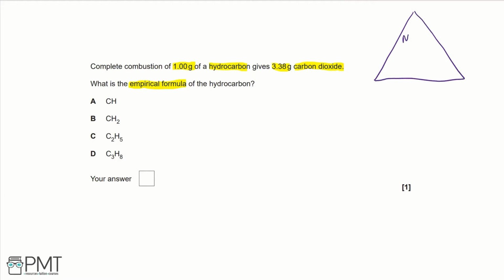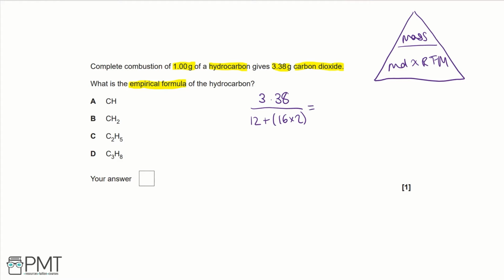So we're going to be using an equation triangle in this question, and the equation triangle that we're going to be using is mass is equal to moles times the relative formula mass. So if we start by looking at carbon dioxide, that's going to be 3.38 divided by 12 plus 16 times 2. So that's the relative formula mass of carbon dioxide.